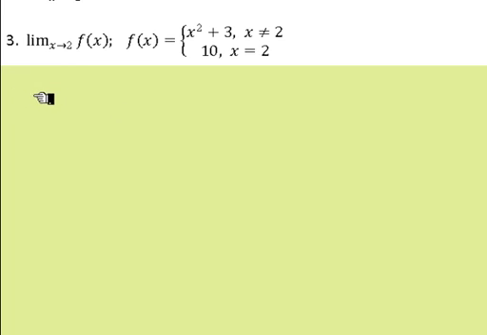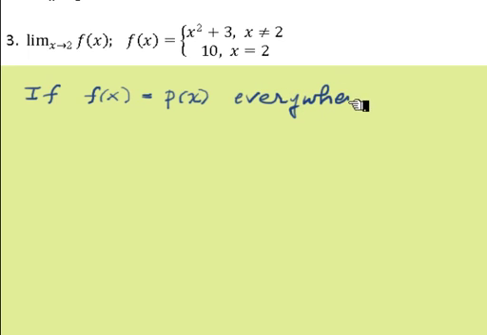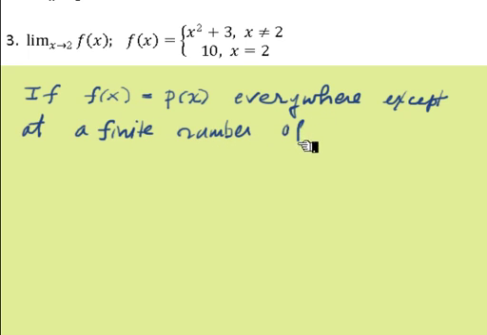So here's what we're using. If f of x is equal to a polynomial everywhere except at a finite number of points, then when we take the limit as x goes to any value at all, again, we just substitute in.